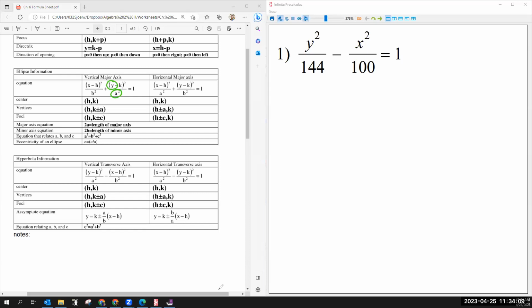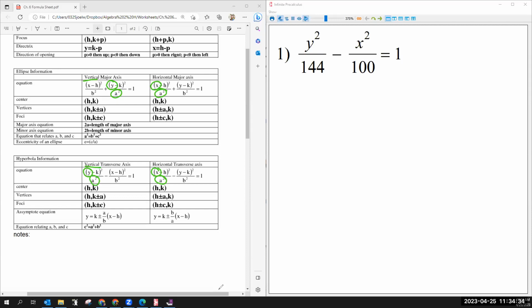The Y. For hyperbola, for vertical, the A is underneath the Y. That's the same, correct? And then over here, for horizontal, the A is under the X. So where the A is located for vertical and horizontal is exactly the same.